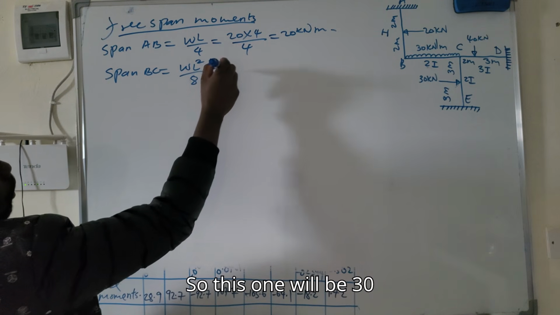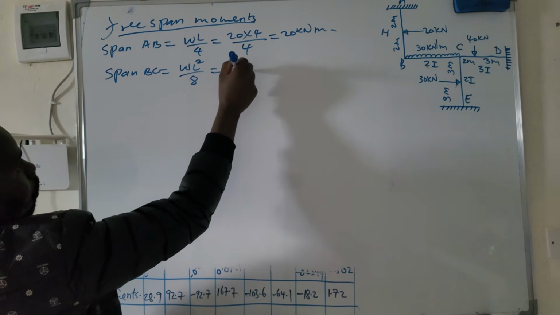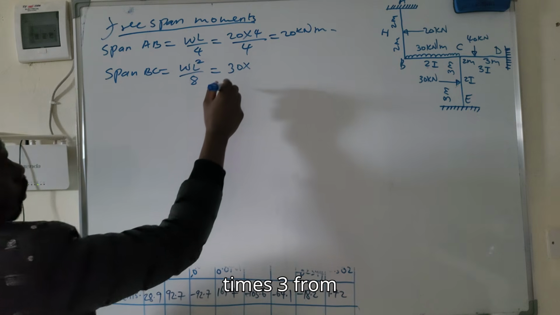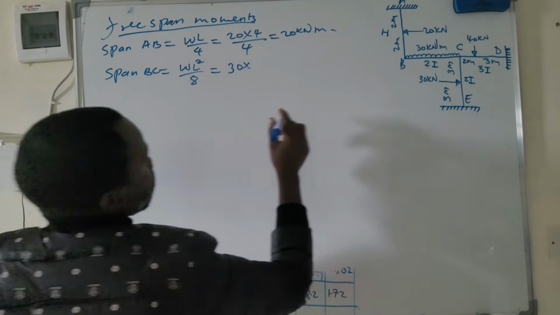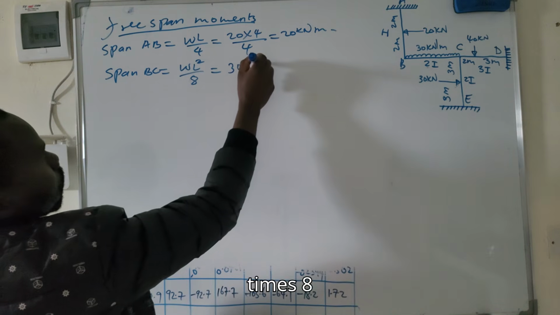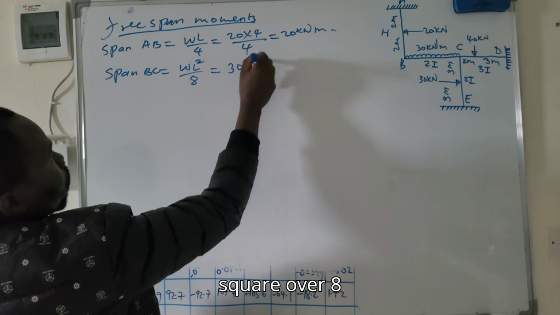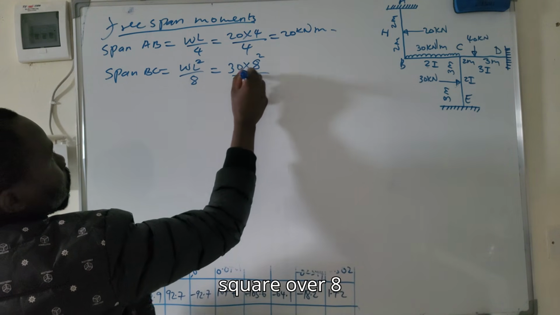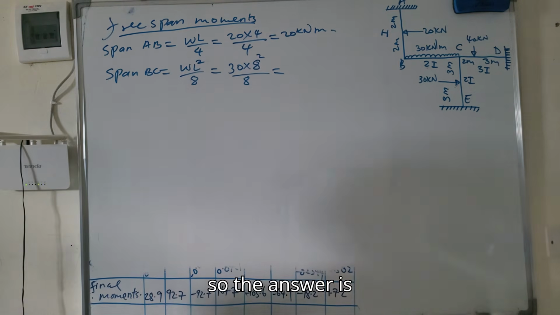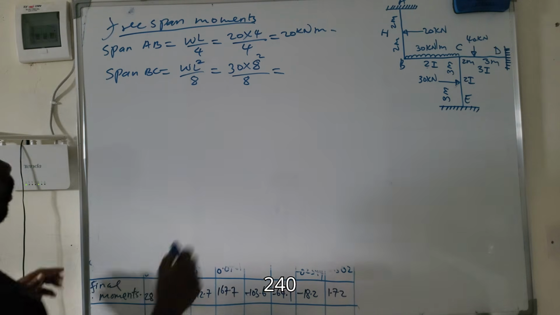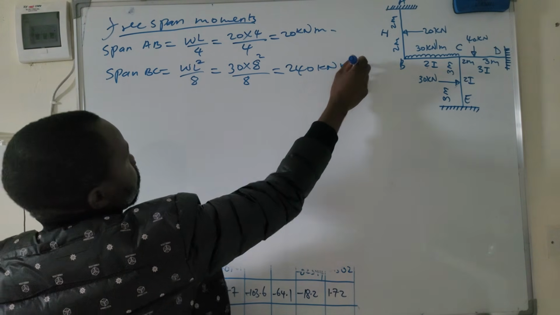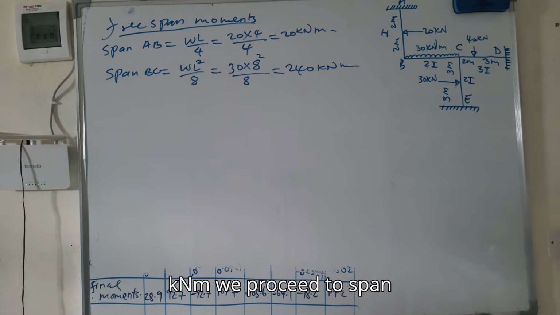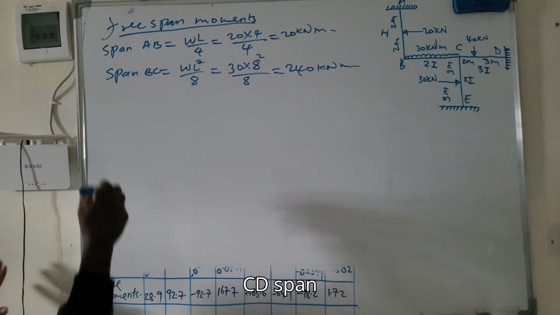So this one will be 30 times, from here to here is 8, times 8 square over 8. So the answer is 240 kilonewton meter. We proceed to span CD.